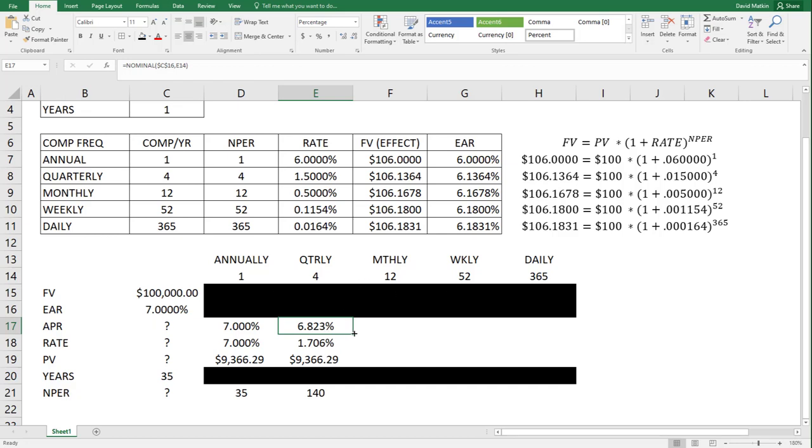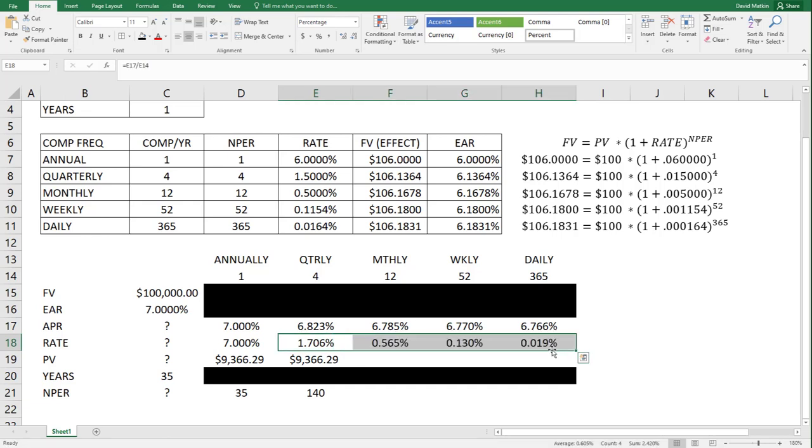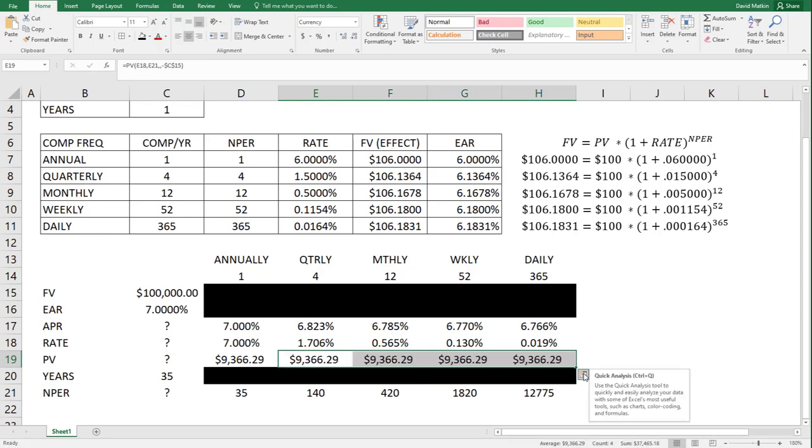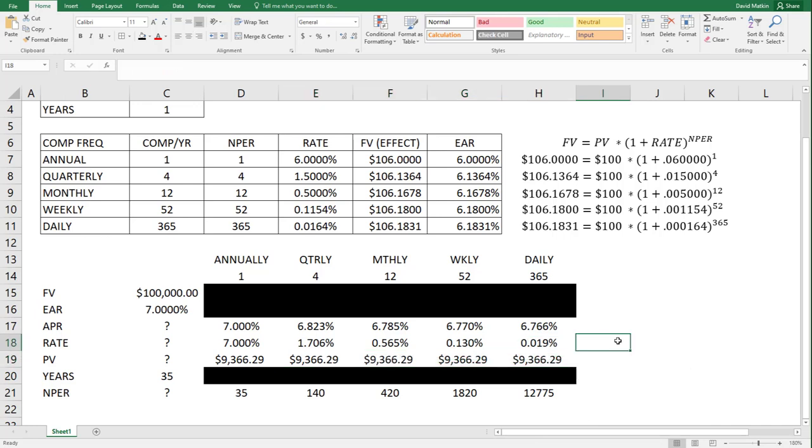So every one of these APRs is going to be a little bit lower because we need to have a little bit lower APR in order to produce the same effective rate. So all of the rate inputs are going to be smaller, but the total number of compounding periods is going to be larger, and therefore we produce the exact same present value, or it's the equivalent present value.